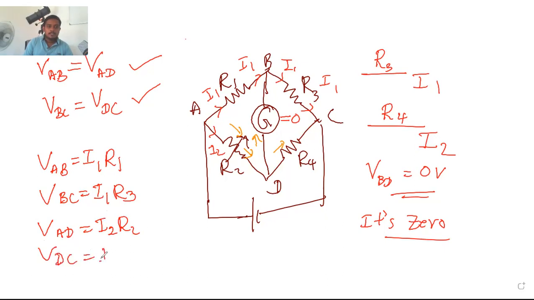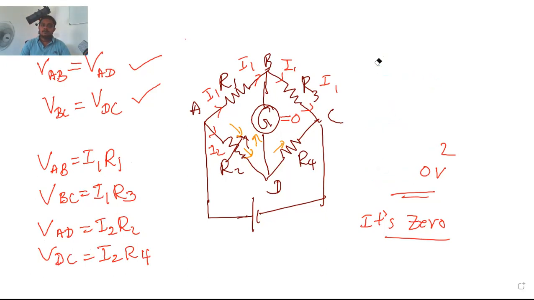VDC, we get I2 R4. So these are the 4 equations that you need to write. Simply Ohm's law. Okay. Next question.